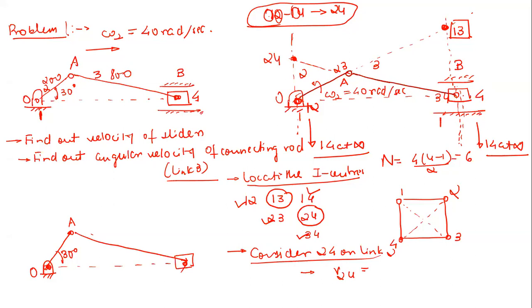Omega 2 into 1 2 minus 2 4, and omega 2 is given as 40. This is very simple. Consider this point 2 4 on link 2, and imagine this link 2, this crank OA, as a big circular disk or any shape that contains this point 2 4. We know that link 2 is rotating about this point 1 2.